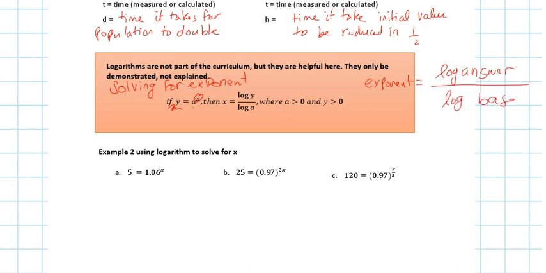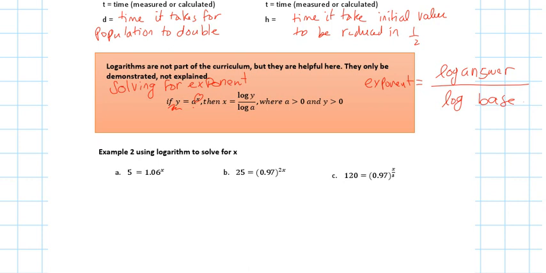So if I want to solve something that looks like this, 5 equals 1.06 to the power of x, I can sit down for 5 minutes and try values for x by trial and error, because I need to get it equal to 5. I can try 1.06 to the power of 3, 10, 15, 20, until I get an answer that is equal to 5 or as close to 5 as possible.